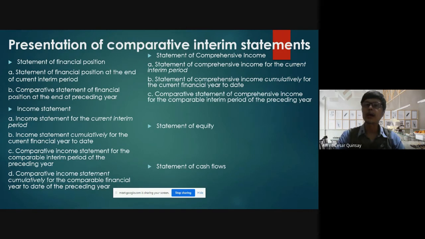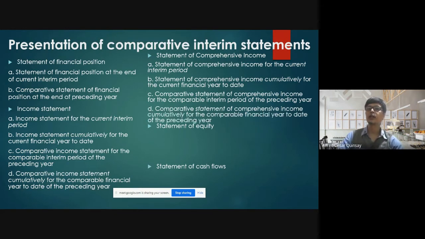And then comparative statement of comprehensive income for the comparative interim statement of the preceding year. So ganun din para yung sa preceding year, let's say 2019. Yan, and then finally, yung comparative statement of comprehensive income cumulatively for the comparable financial year to date of the preceding year.